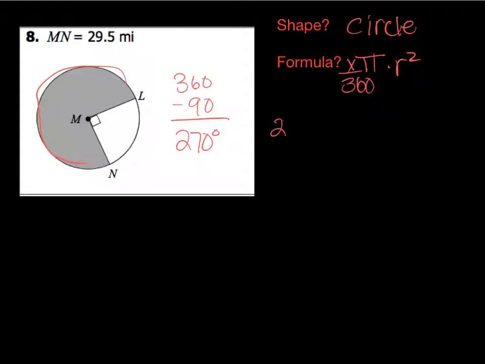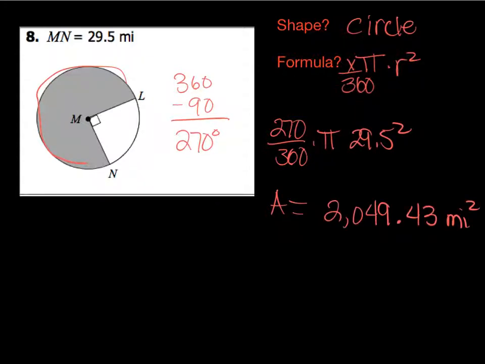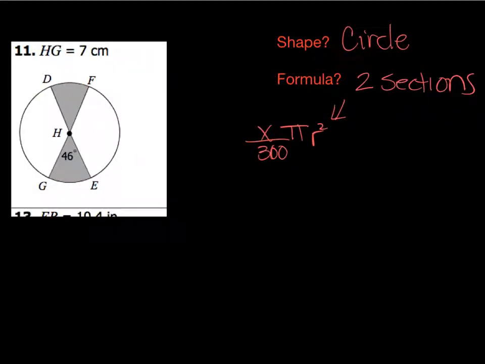So we're going to do 270 over 360 times pi r squared. M to n is 29.5 squared. Let's kick it out in the calculator, and let's see what we get. 2,049.43 miles squared.